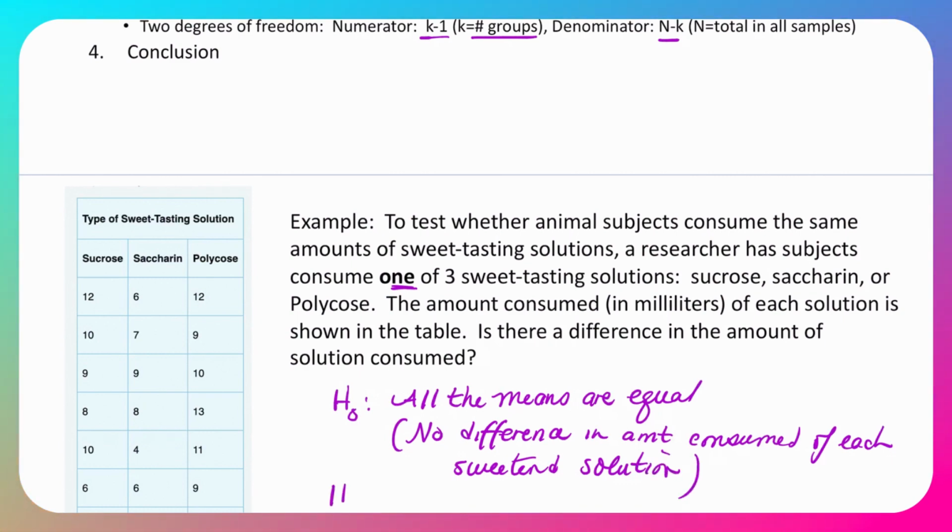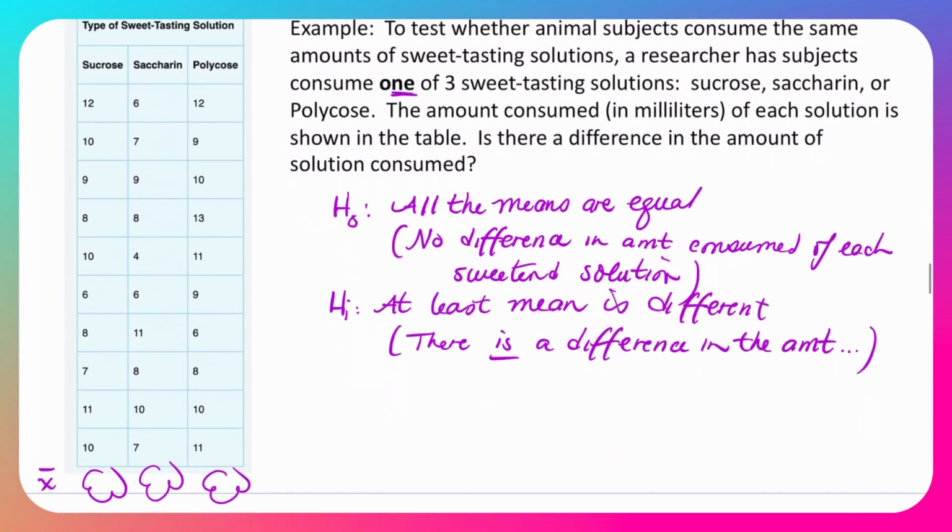And your alternative hypothesis is that at least one mean is different. In other words, there is a difference in the amount consumed of each sweetened solution.